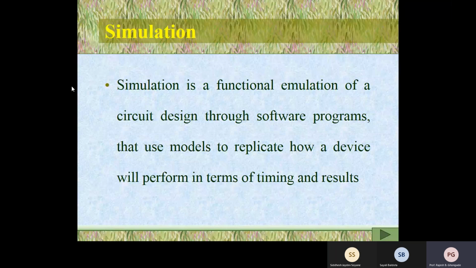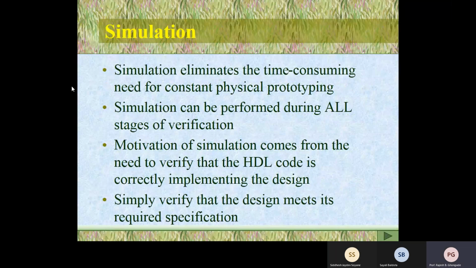So we have certain models associated with the corresponding component, and that model is the thing that is simulated. You must have a model with you, and only then will you be able to simulate it. So this is the textbook definition of simulation. What does simulation do? It eliminates the time consuming need for constant physical prototyping.